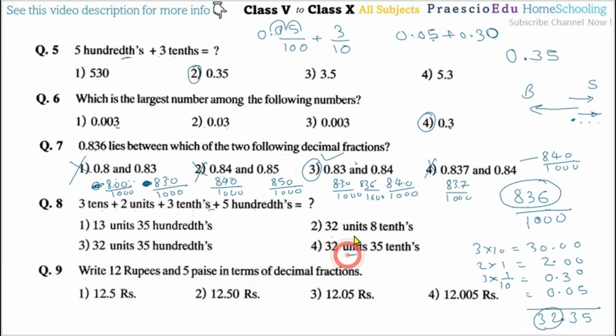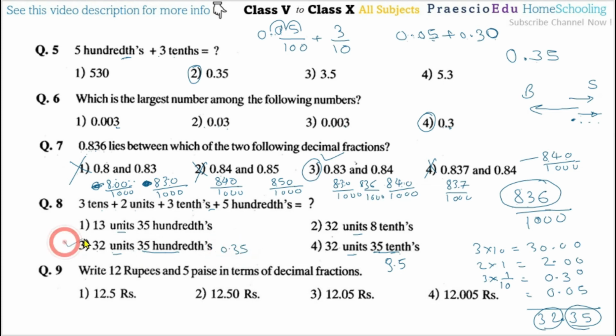In the options, this is 32 units and 35 hundredths. Option number 4 says 32 units and 35 tenths, but 35 tenths means 3.5, and we required 0.35. That conversion, 35 hundredths, means 0.35.